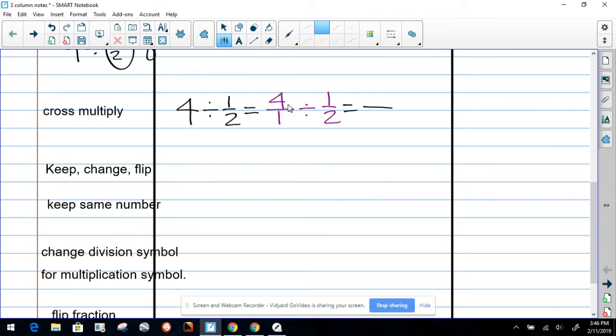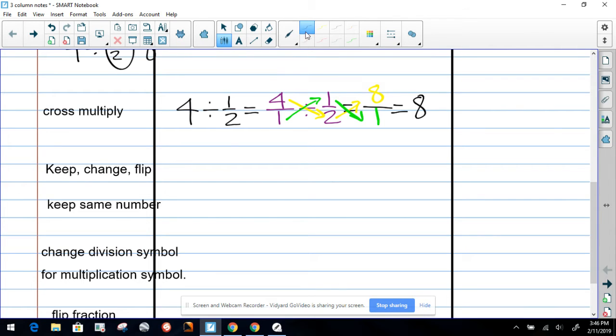It's going to be 4 times 2, and that's going to be the numerator. Then you're going to say 1 times 1, and the answer is going to be 1. Now you know that 8 divided by 1 equals 8. Same answer, not a problem. It's all good, right?